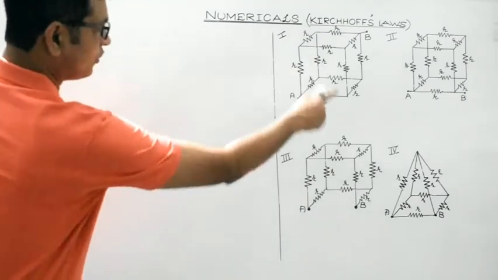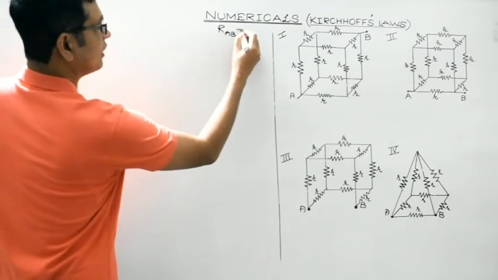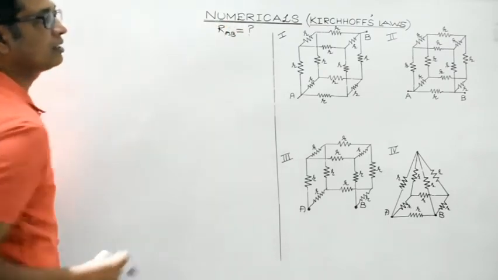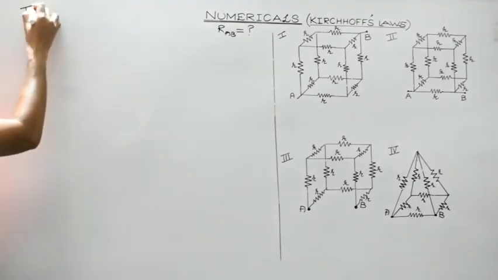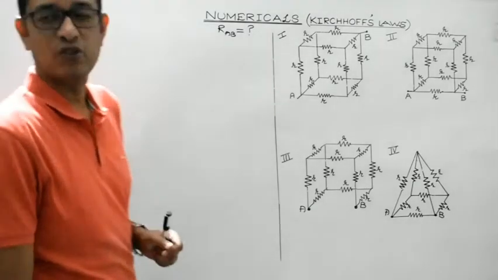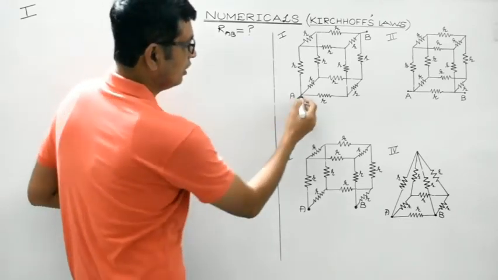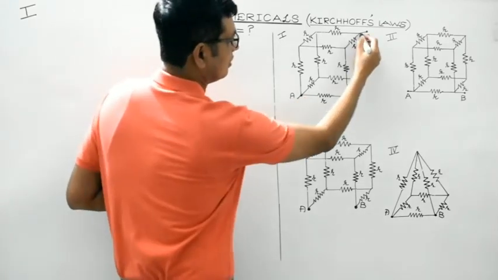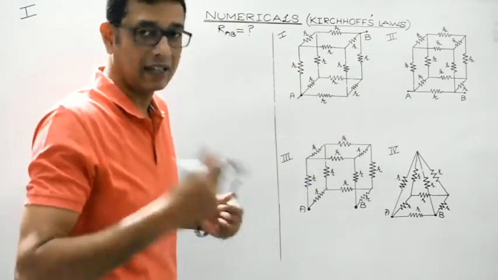In each of these cases, we are supposed to find the effective resistance between the points A and B. In the first case, the 2 points A and B are diagonally opposite to each other. So students, let's try the first one. A and B are the 2 points between which the net effective resistance is to be calculated.